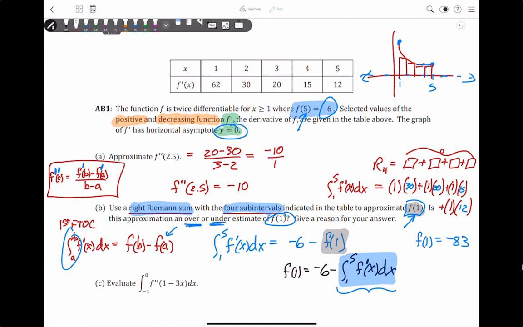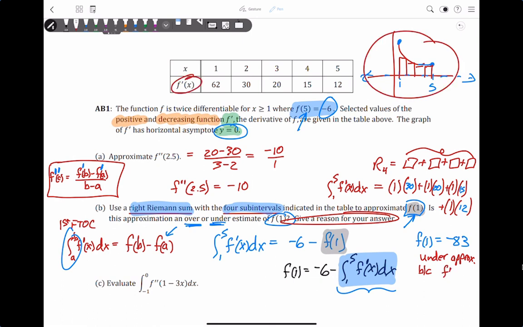But we can't say that. We can't say that because of the graph. Okay, we can never give justification or reasons for our answers by graphs like that. So we're going to say specifically that this is an under approximation. And the reason why is because f prime of x, which was this graph here and here, okay?